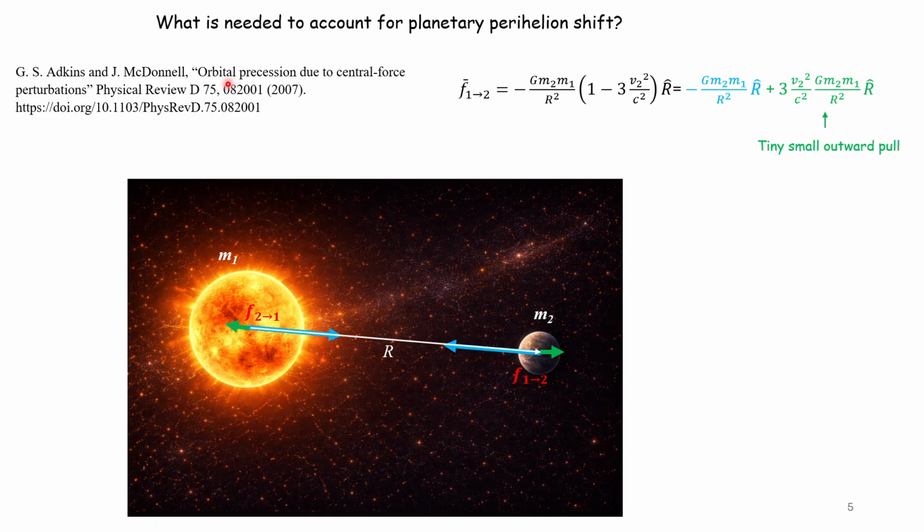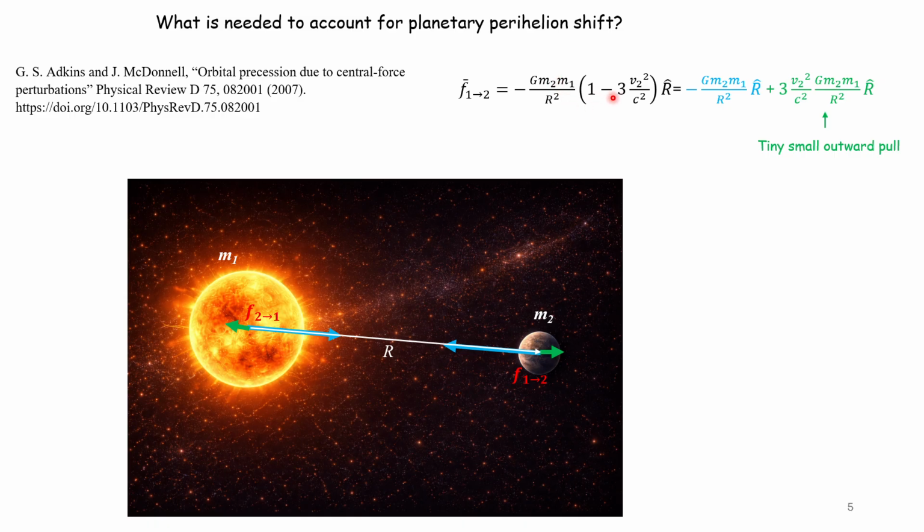And what they show in that paper is how the Newtonian gravity force must change in order to obtain the perihelion shift that is observed, the missing shift that cannot be calculated by the gravitational force, the Newton force.